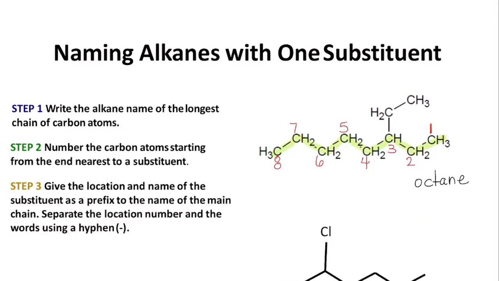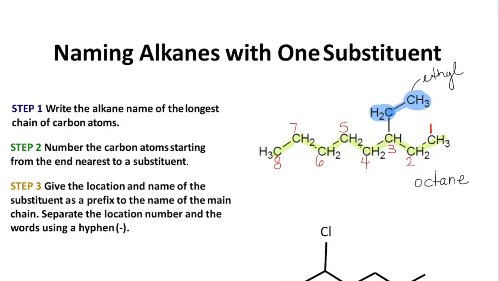So as you can see here, we have one branch. This branch is a CH2 connected to a CH3. So what is the name of that branch? A CH2 connected to a CH3. Great, that is called an ethyl group.